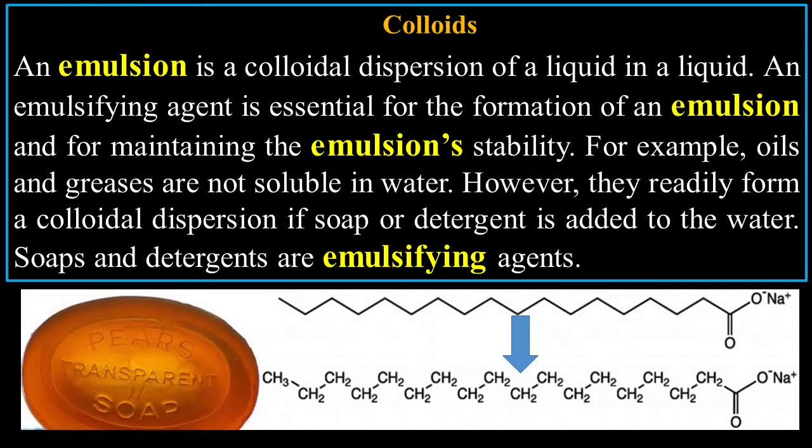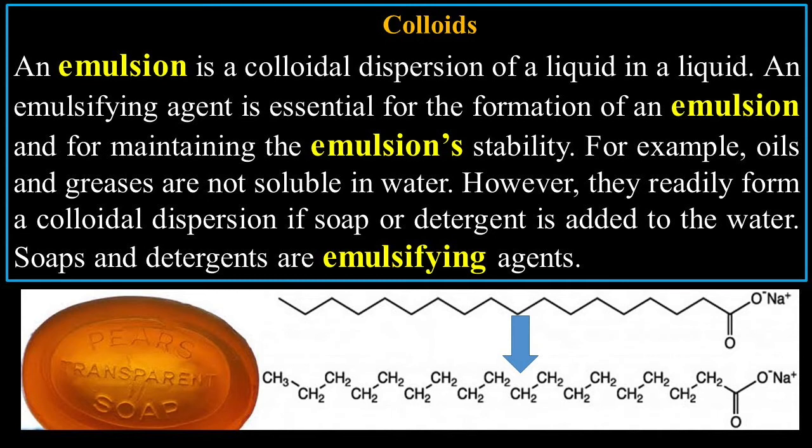An emulsion is a colloidal dispersion of a liquid in a liquid. An emulsifying agent is essential for the formation of an emulsion and for maintaining the emulsion's stability. For example, oils and greases are not soluble in water. However, they readily form a colloidal dispersion if soap or detergent is added to the water. Soap and detergents are emulsifying agents.